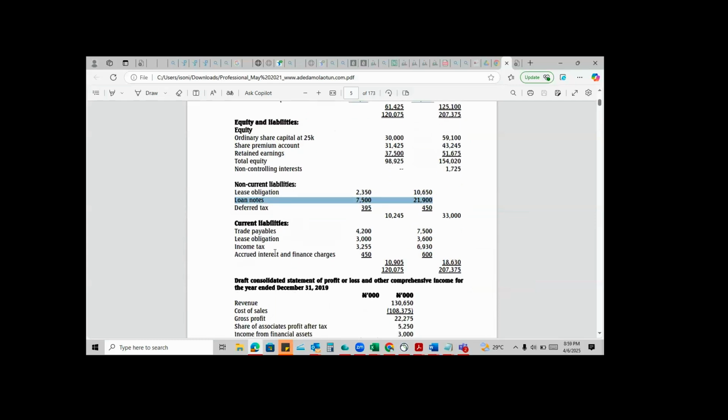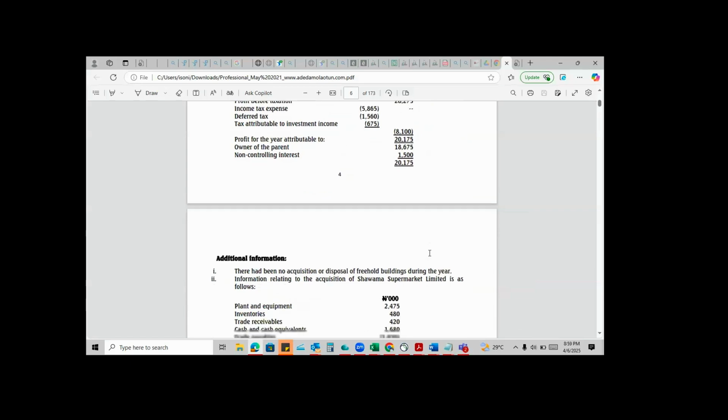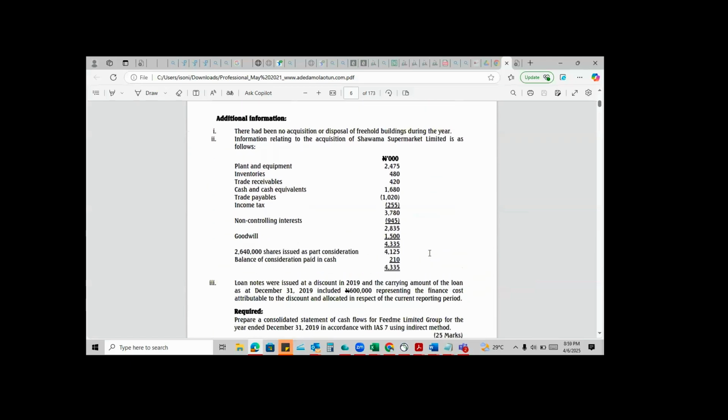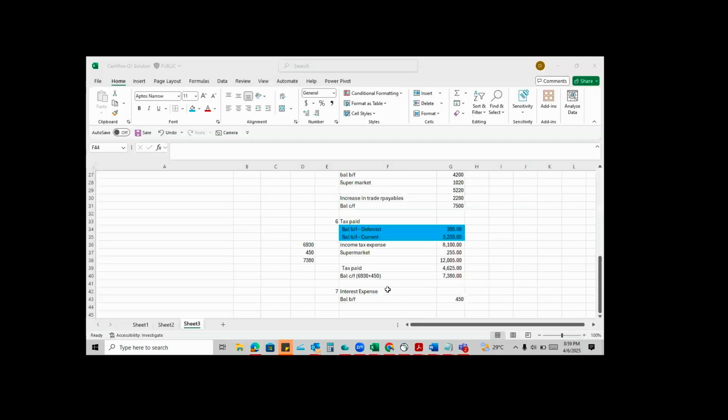And then this is the accrued interest and finance charges I'm talking about. So they are saying that 600,000 is included in that balance. All right. So I'll treat it separately. I'll make that deduction.